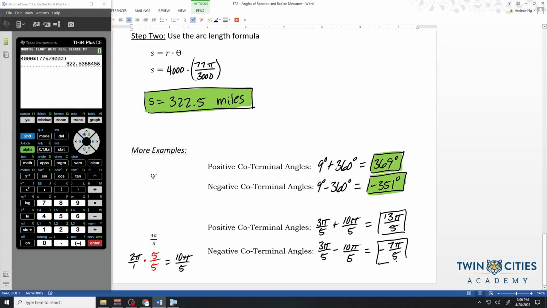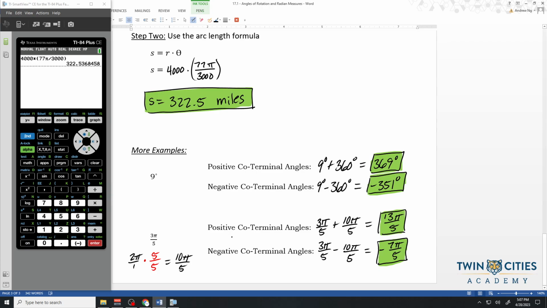Something to note, if what you start with is already greater than 1 full rotation, so in degrees, that would be something that's greater than 360 degrees, in radians, that's going to be something that's greater than 2 pi, then you can also subtract one full rotation. So that's either subtracting 360 degrees or subtracting 2 pi, and you'll still end up with something that's a positive coterminal angle.